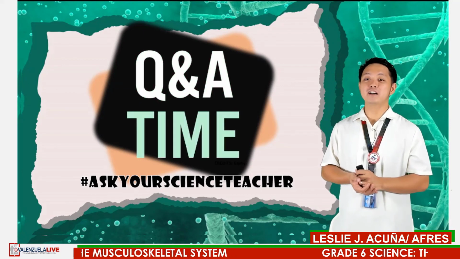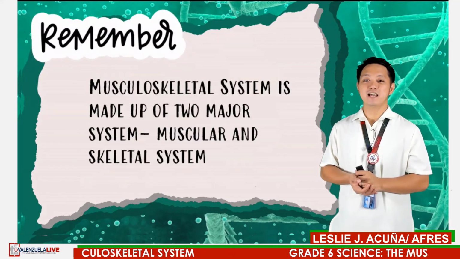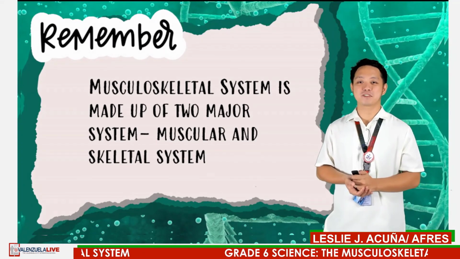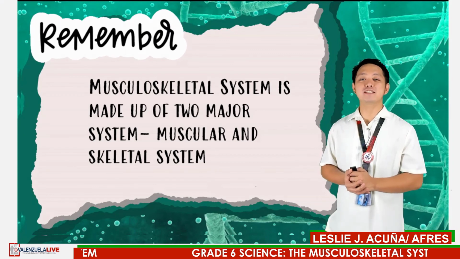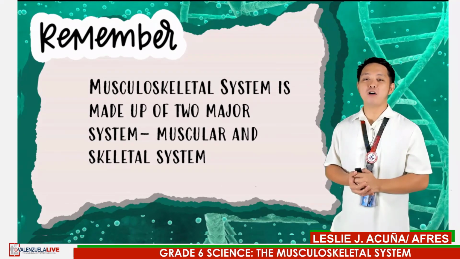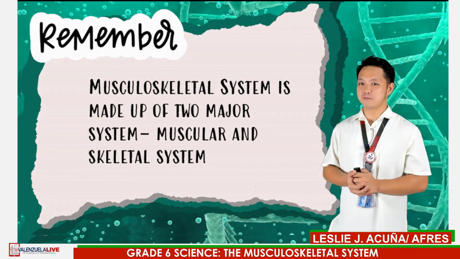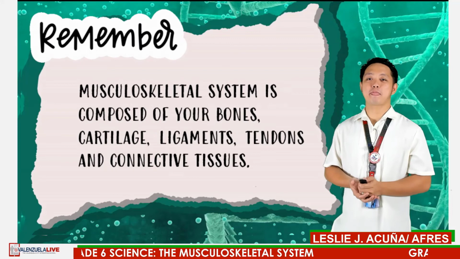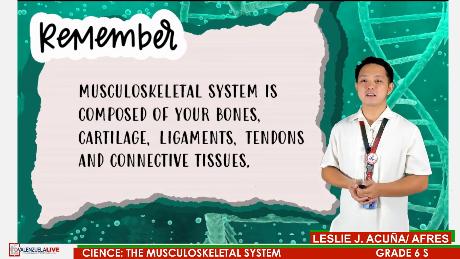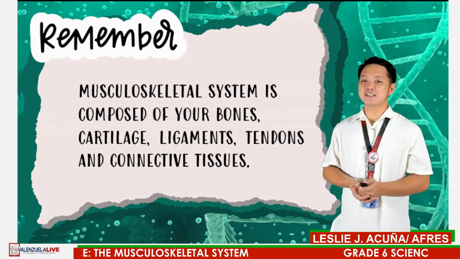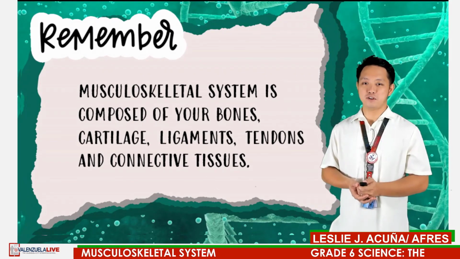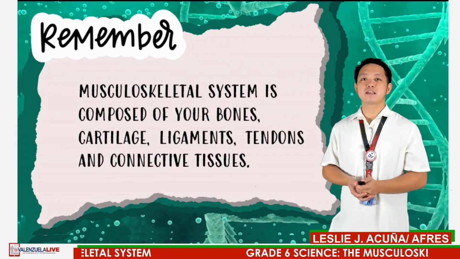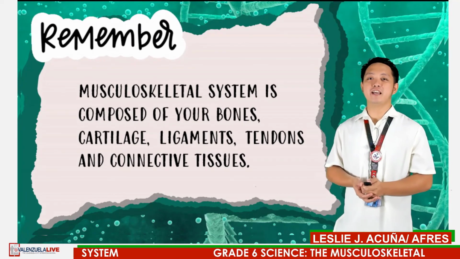But before we end our discussion, let us be reminded of the following key ideas. Remember that the musculoskeletal system is made up of two major systems, the muscular and skeletal systems. The musculoskeletal system is composed of your bones, cartilage, ligaments, tendons, and connective tissues.